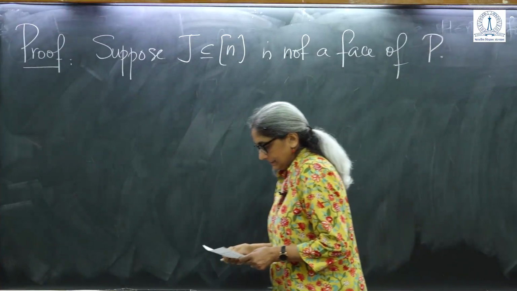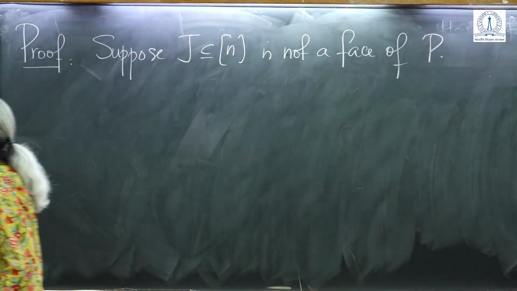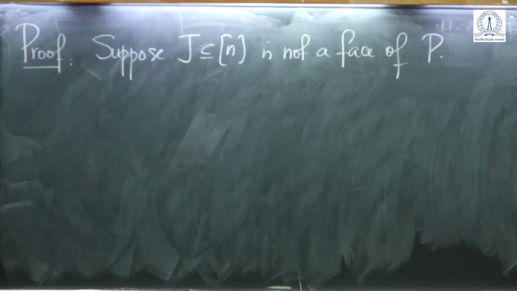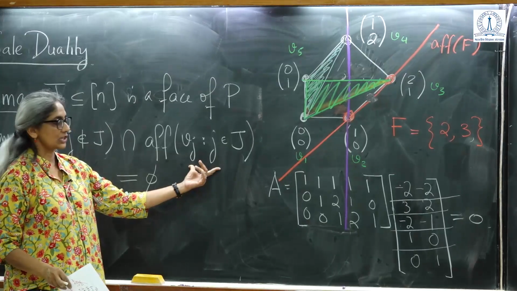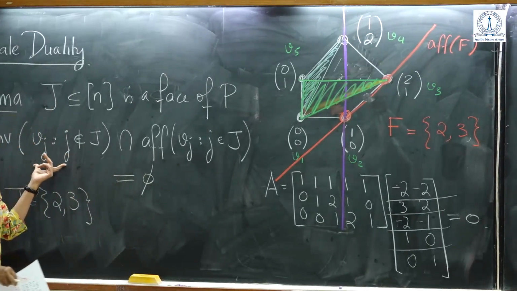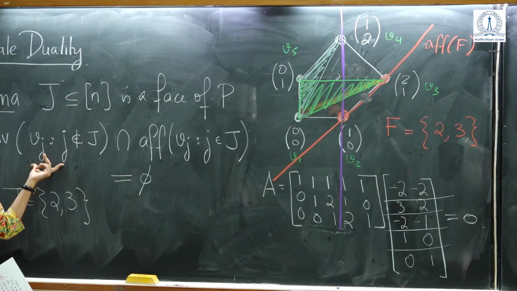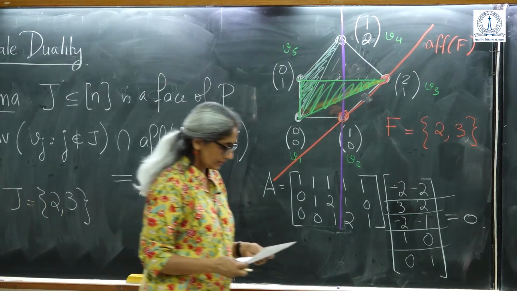Okay? Then by this lemma, we know that if you take the affine hull of the things in J, it'll intersect the convex hull of the stuff that's not in J, right? So let's use the lemma.